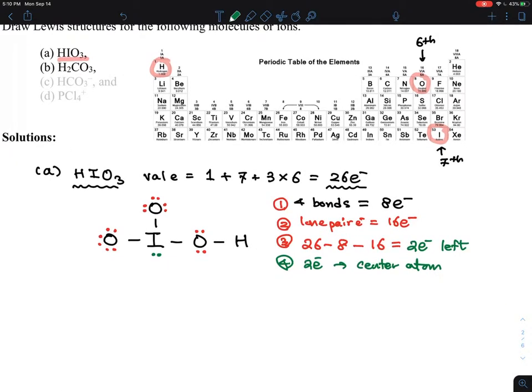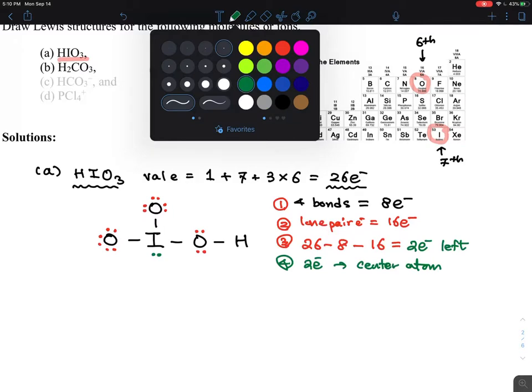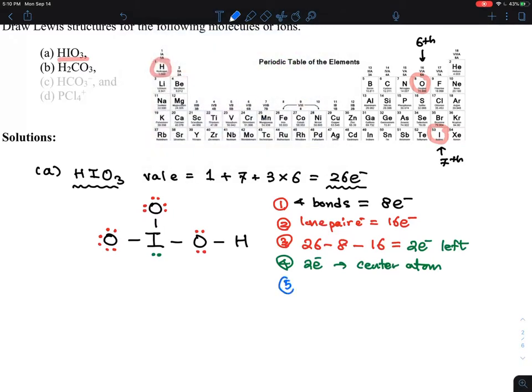But there is one last step that you need to keep an eye on, which is number 5. This is the step that you have to remember: bond, lone pair, then how many go to the center, and the last one is to shift lone pair electrons on oxygen if needed.